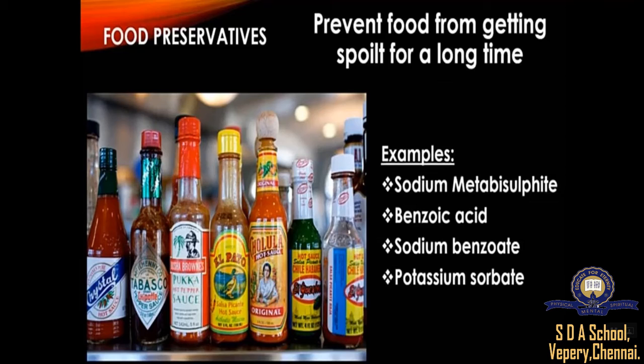Antimicrobial, why we are using antimicrobial: to check the growth of any microorganism, which means germs, bacteria, fungi, etc. in the food. Antioxidant, to check the oxidation of the food, that is, the reaction of food with oxygen in the presence of air. Antioxidant checks the oxidation.